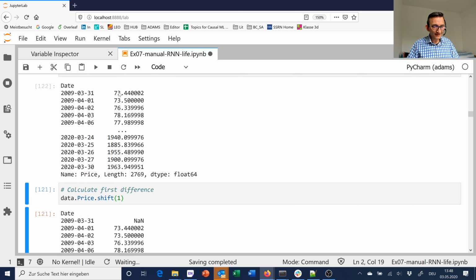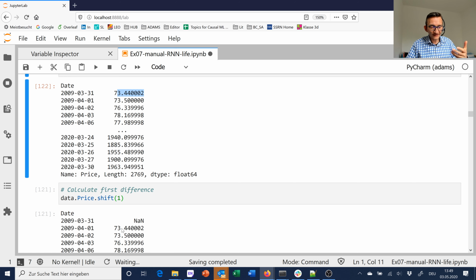And well, basically compare these numbers in the early bits of the time series. 73.42, that was the price on the end of March 2009. And after calling shift 1, exactly the same value, it shows up one row later. So I shift everything one row forward.